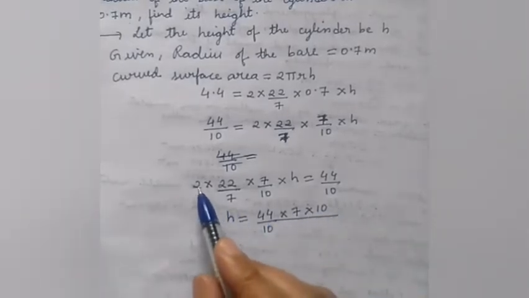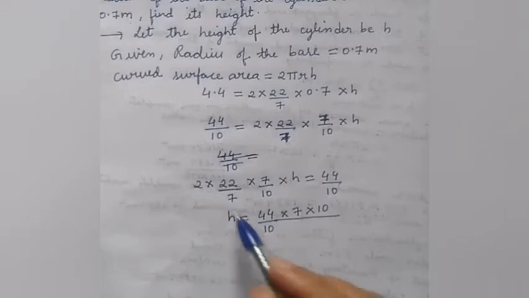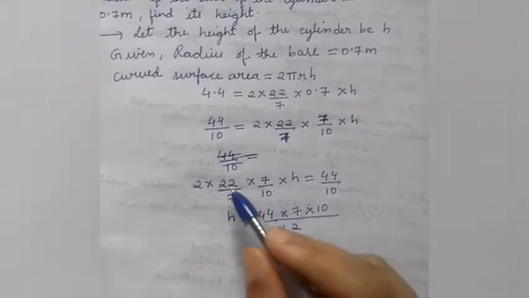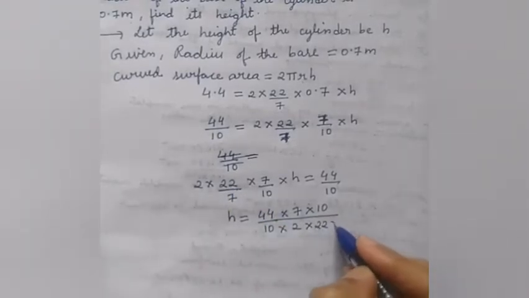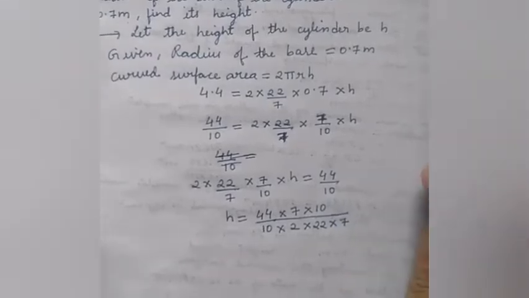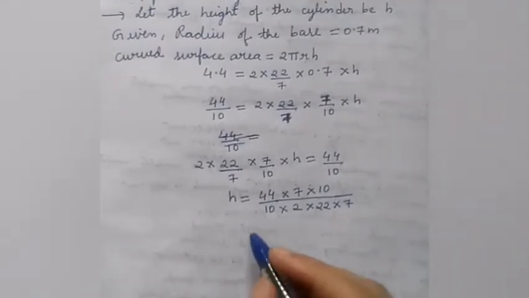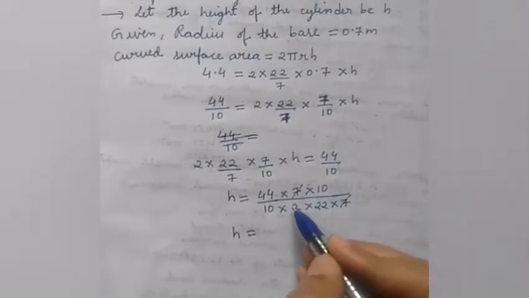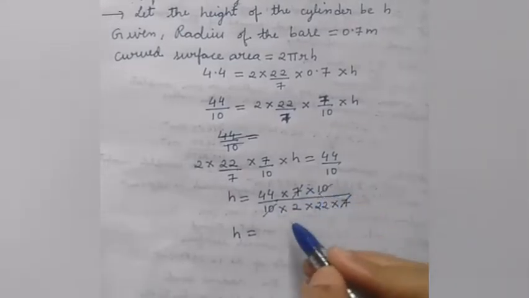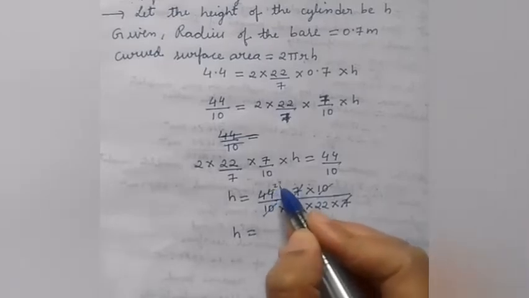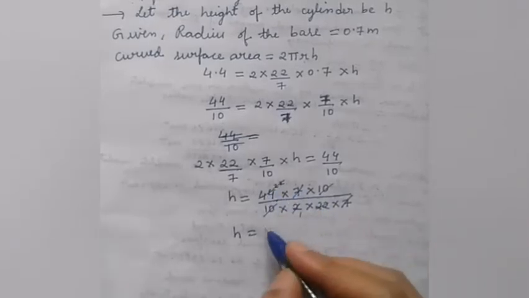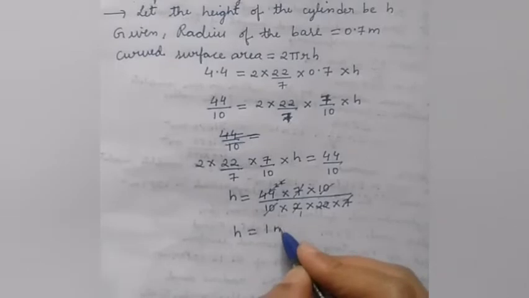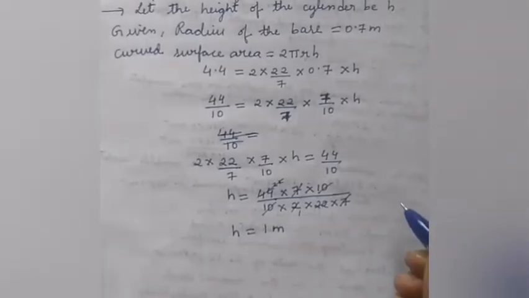In the same way, 2 is multiplication, if we take it to the other side, it becomes division, also 22 and also 7. Now let us see what all gets cancelled. h is equal to, 7 gets cancelled, 10 gets cancelled. Now 2 one time 2, 22 gets cancelled, we are left with 1. So h is equal to 1 meter is the answer.